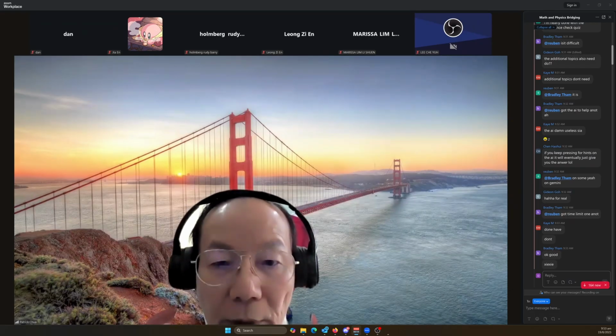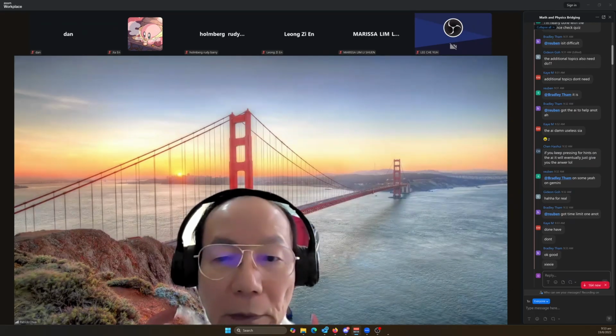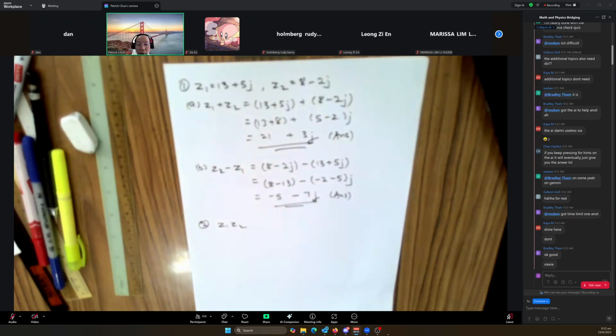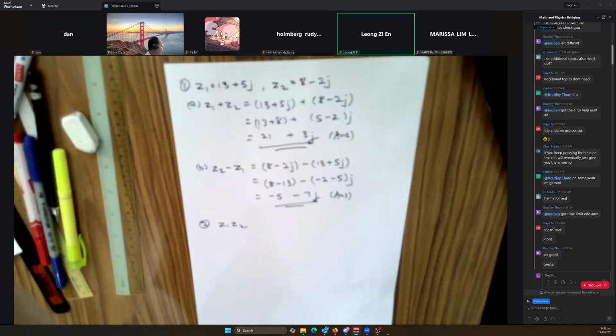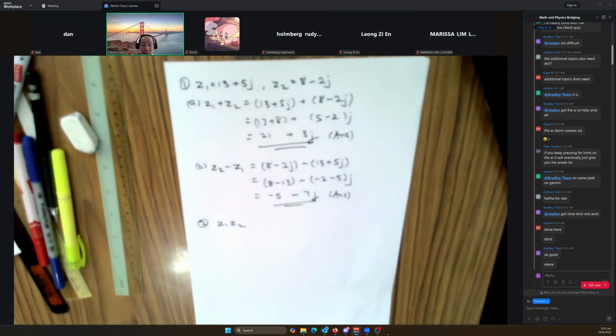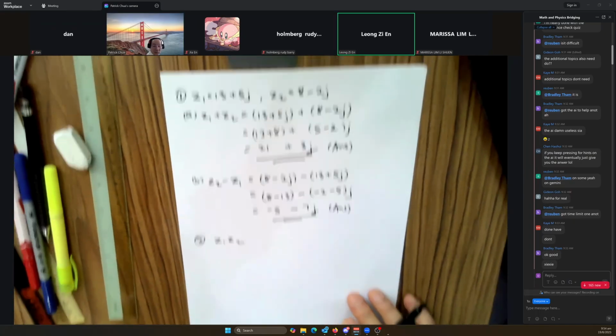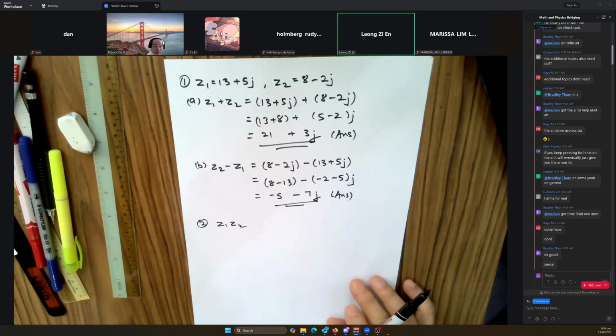Can we share again? Second camera. Can you see now? Yes, a little, a bit blur though. If you can focus the visualizer. Okay, it's better now.